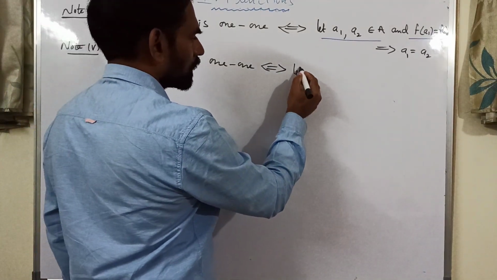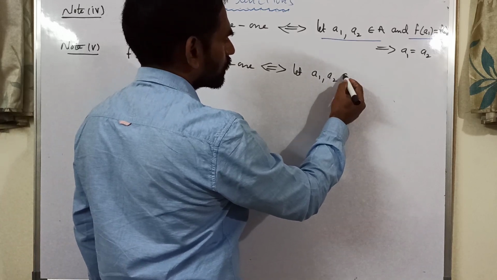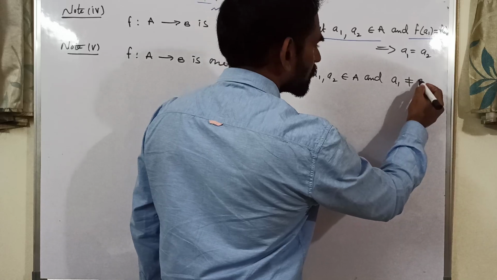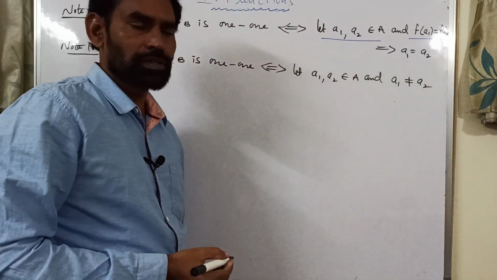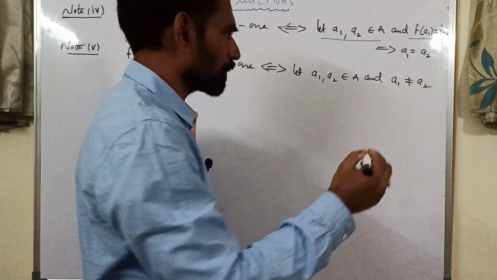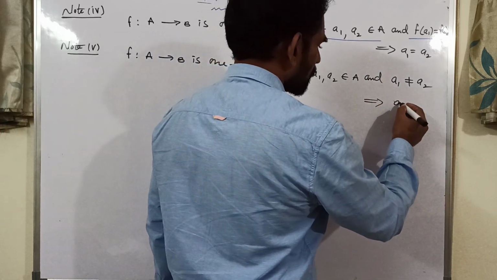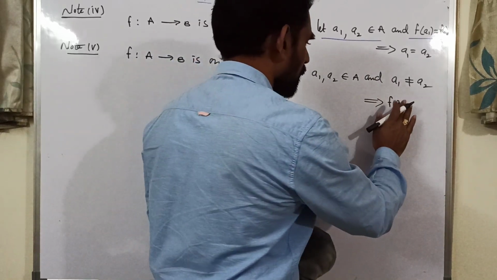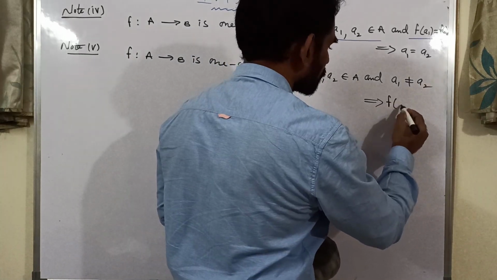How to start? Let A1, A2 belong to A and we assume different elements, A1 is not equal to A2, implies if you get f of A1 is not equal to f of A2.